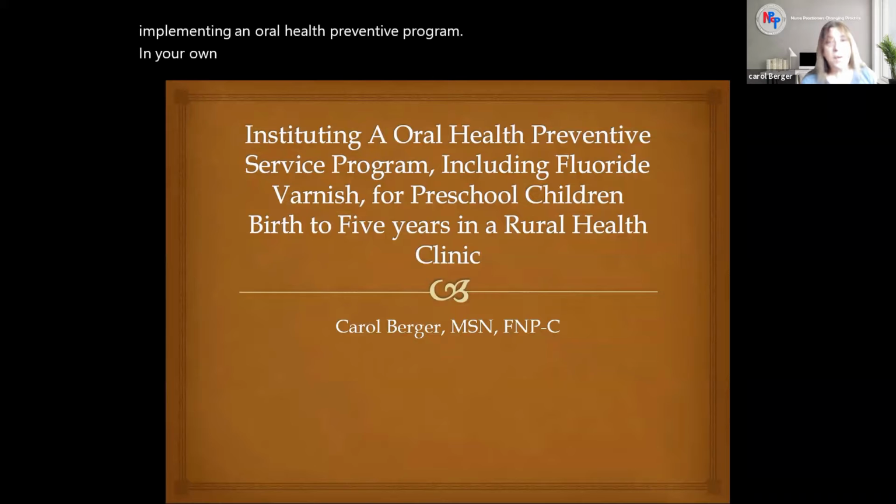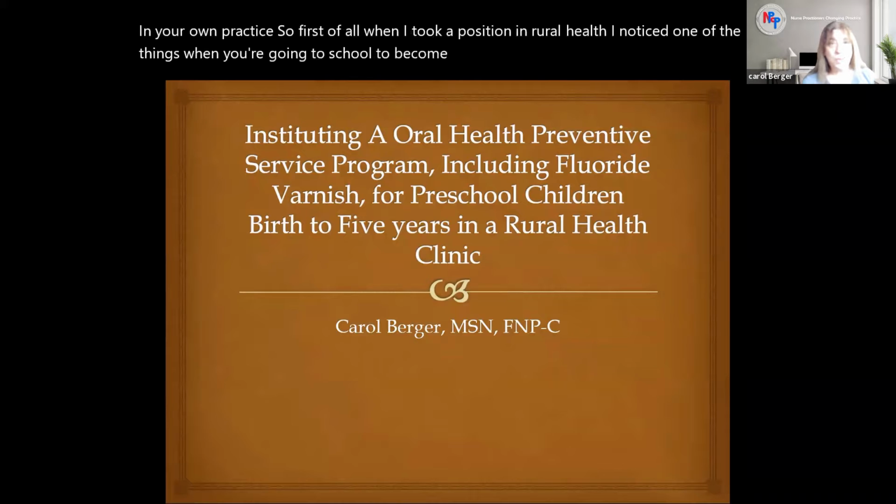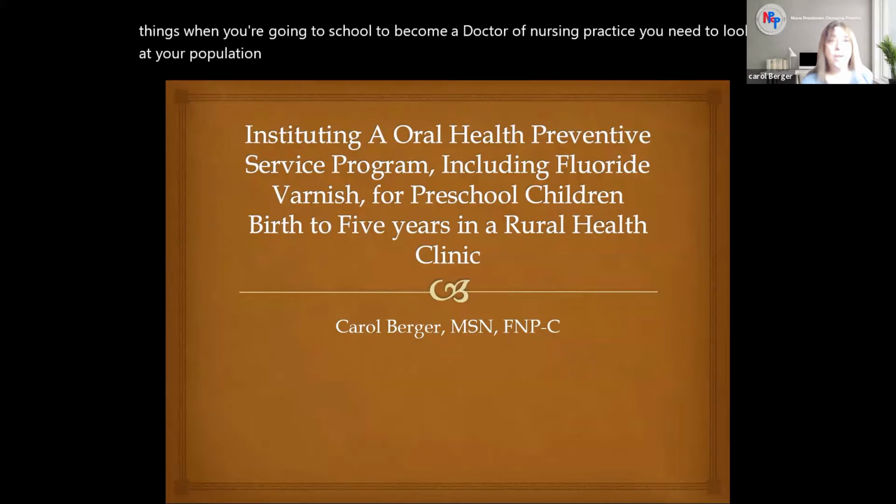So first of all, when I took a position in rural health, I noticed one of the things when you're going to school to become a doctor of nursing practice, you need to look at your population and find out where the gap is. Where is the problem that you can bring evidence, things that work, into your practice?